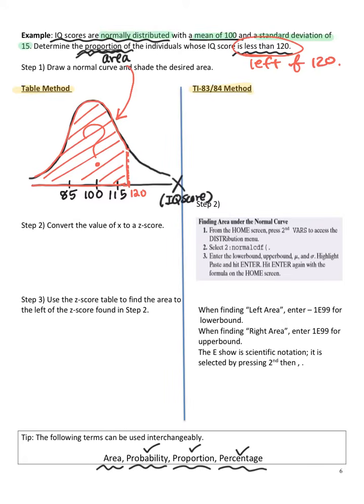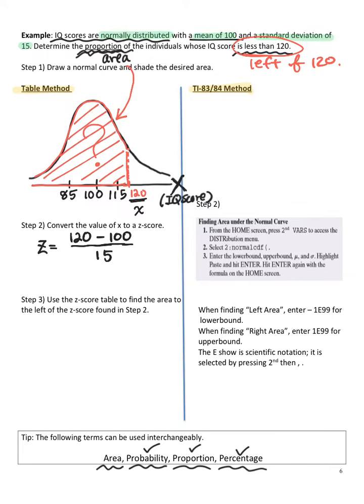First we're going to have to convert the value of x, this borderline number, to a z-score, because this is not a standard normal distribution. It has an x random variable here. So we're going to change that value of 120 to a z-score. You subtract 100, which is mu, and divide that difference by 15, the standard deviation.